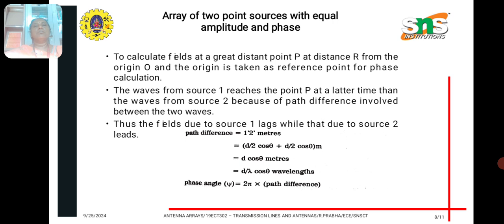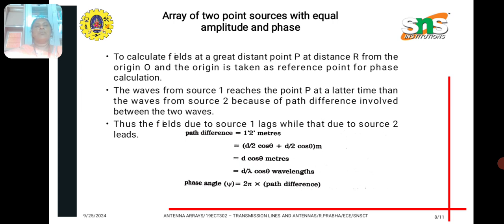Now our need is to calculate the phase difference in order to analyze this antenna. To calculate the field at a far point P at a distance r from the origin, the origin is taken as the reference point for phase calculation, and the path difference is d by 2 cos theta plus d by 2 cos theta meters, which is equal to d cos theta meters.